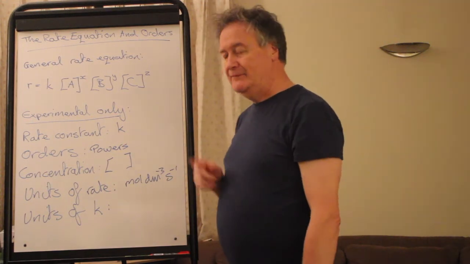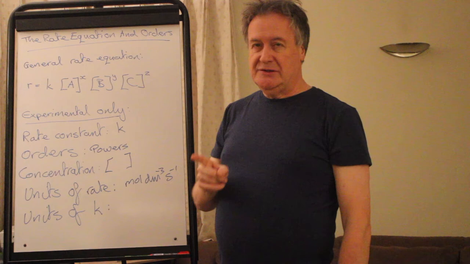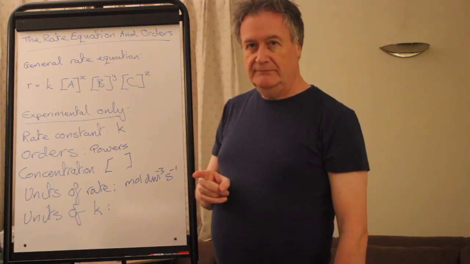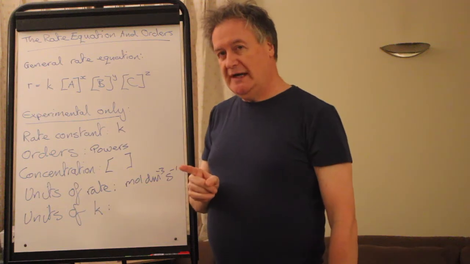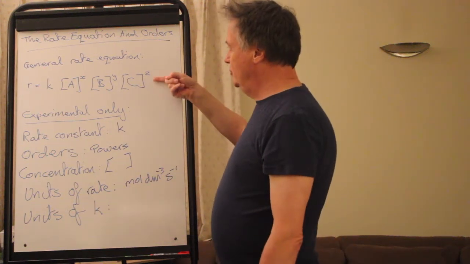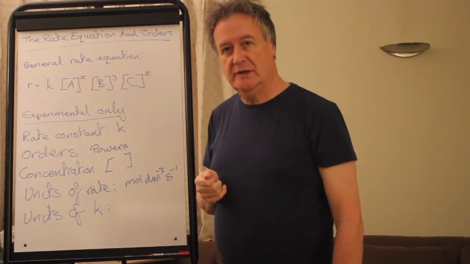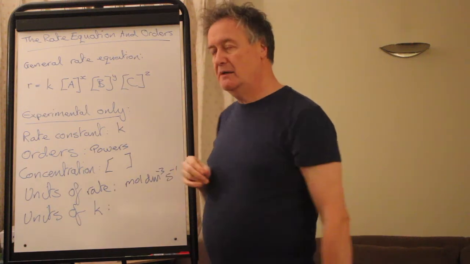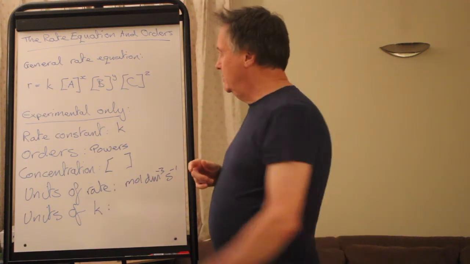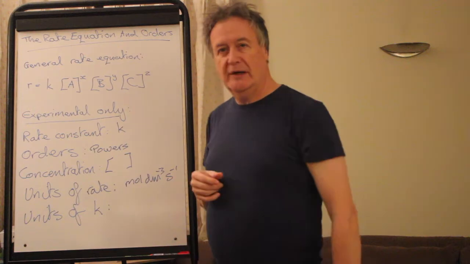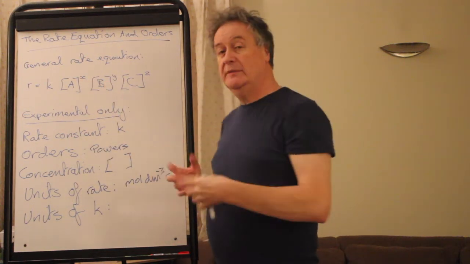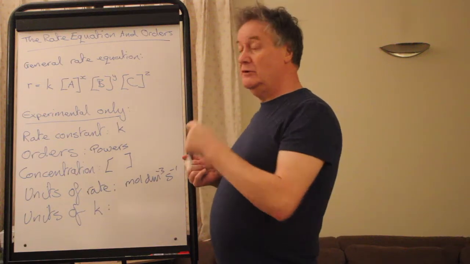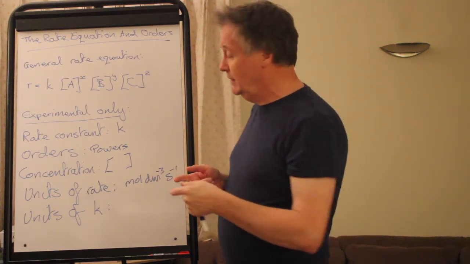Units of k. k has units every single time, but the units of k depend on the construction of the rate equation. So the rate equation may well be just two chemicals, and they might have the numbers 1 and 1 up here, x and y, 1 and 1, which means you wouldn't write them in the usual way, with chemistry, we don't write a 1.